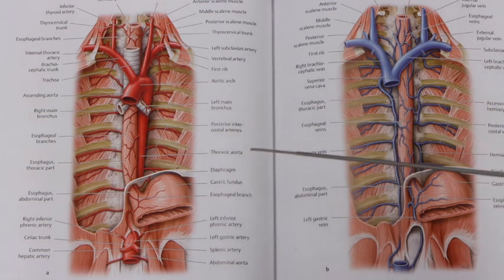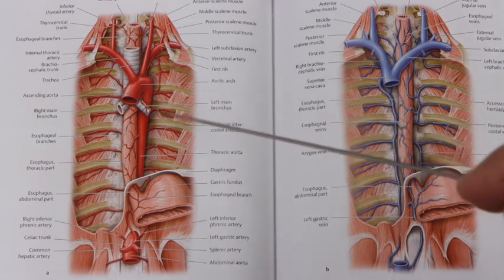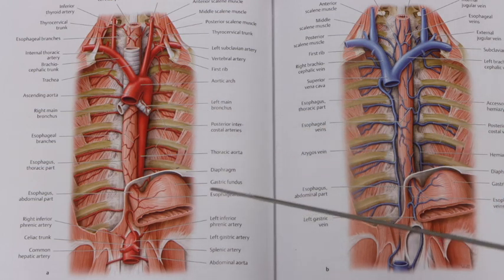They go to the hilus of the lung, and when the bronchus divides into secondary, tertiary and smaller and smaller bronchi, the arteries run parallel with them, giving smaller and smaller branches.